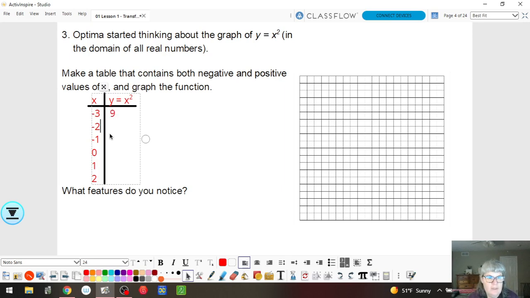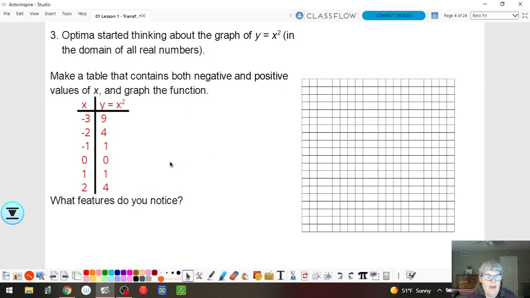Then we have -2 squared. -2 squared is 4. -1 squared is 1. 0 squared is 0. And then we have +1 squared is 1. And +2 squared is 4.